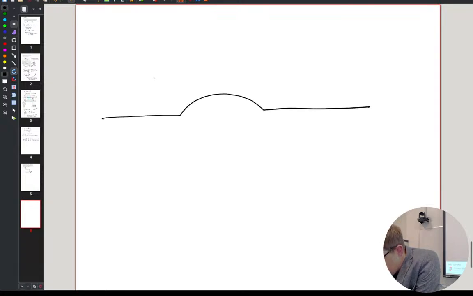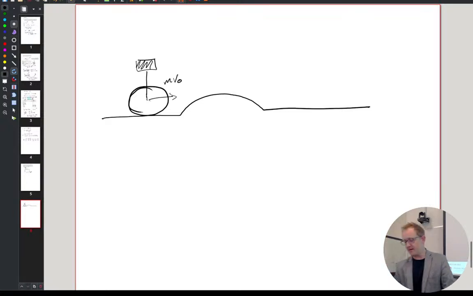Let's just think about it as we're on a unicycle. Initially, I'm moving forward at MV0. What happens when I hit that speed bump? Am I still moving at the same speed as I go up?